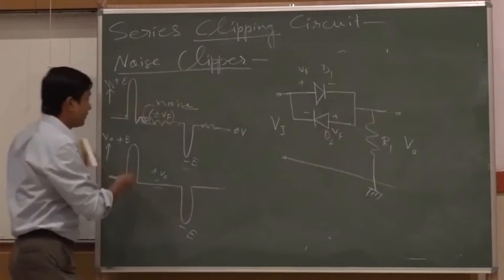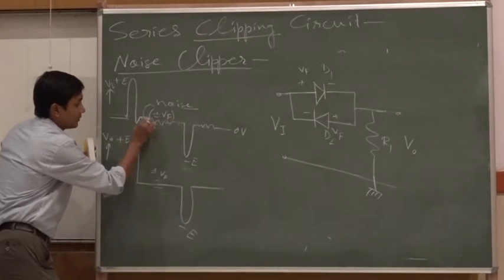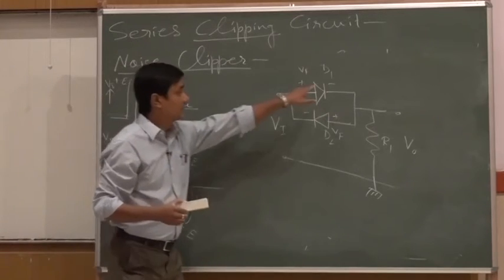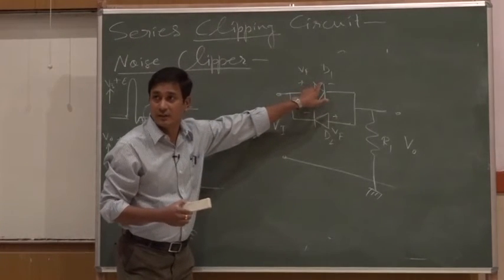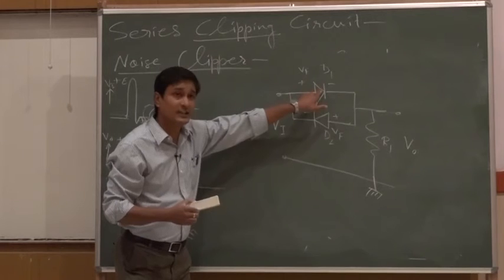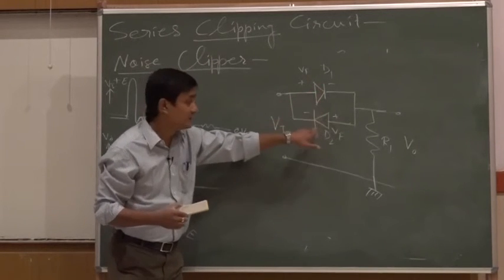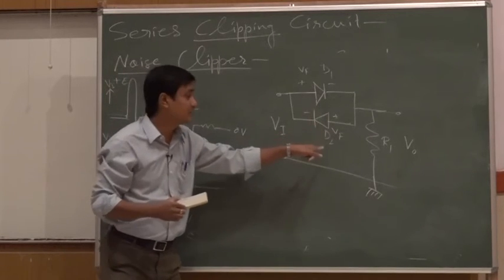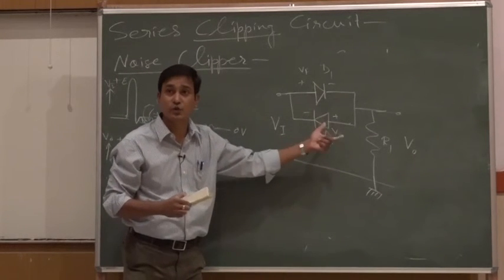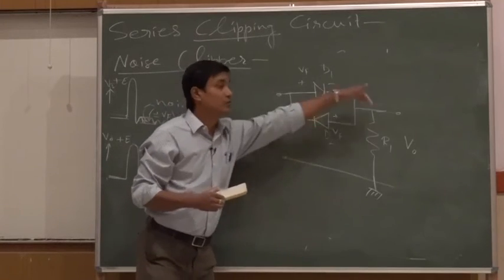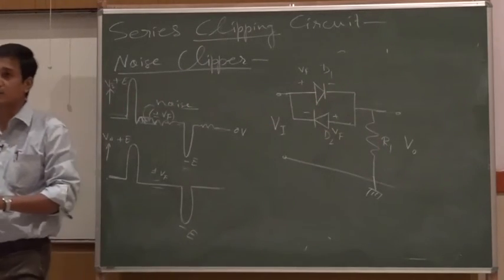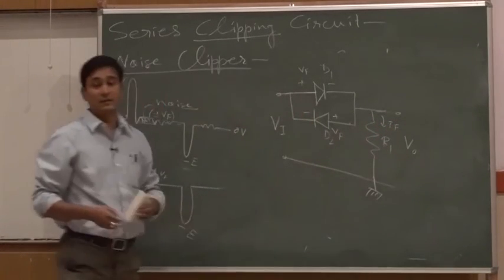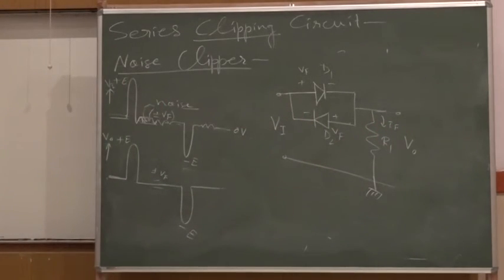Now, if you go to the other side, for the negative part of it, this part may not be responding to the negative voltage, but this one is there for responding to the negative voltage, but still it needs a minus Vf voltage to operate, to allow the current to flow through it, so that you get some voltage across the resistance R1.